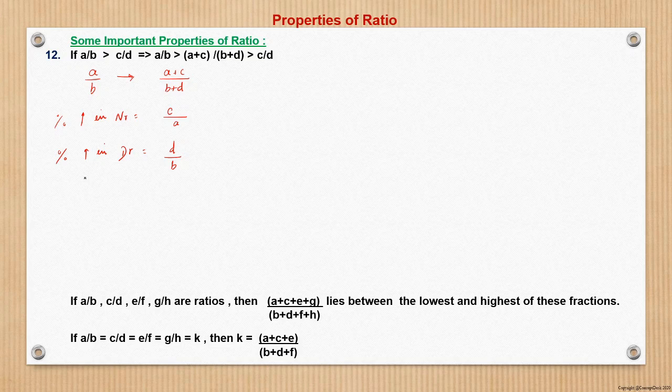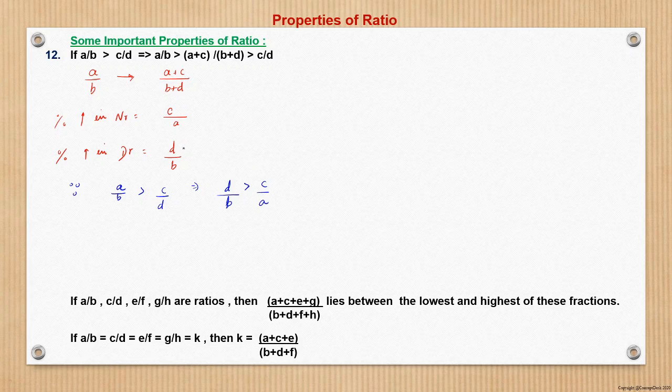It is given that a by b is greater than c by d. So if I rearrange, assuming all the terms are positive, it becomes d by b will be greater than c by a, taking d to this side.